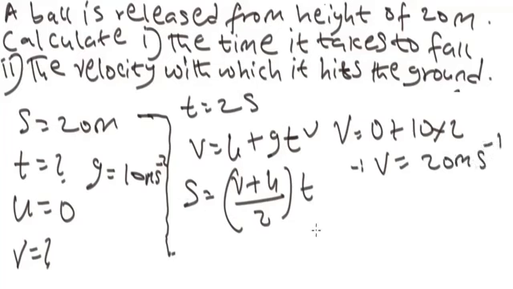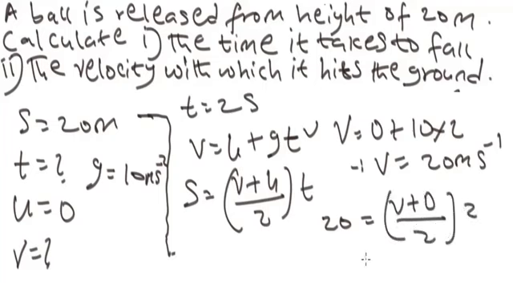Whereas if you use this one, x is 20 equals v, which is unknown, plus u, which is 0, over 2, times the time, which is 2. When you simplify this, you have 20 equals (2v) over 2... multiplying, you're going to have 40 equals 2v.